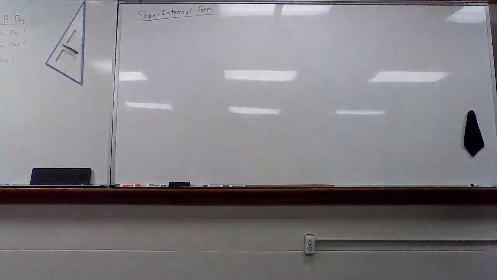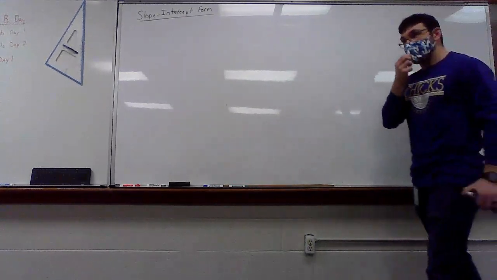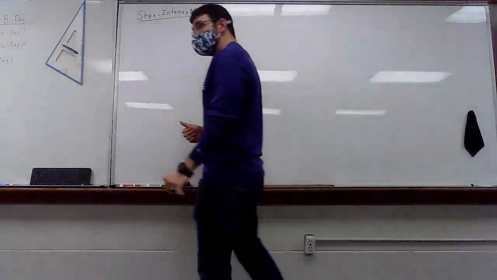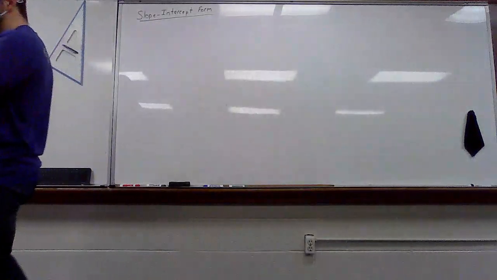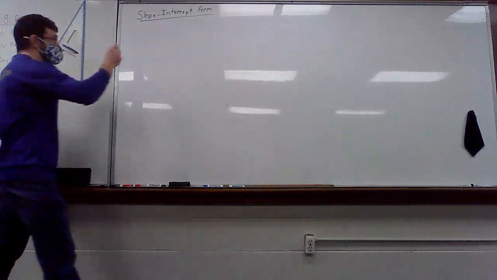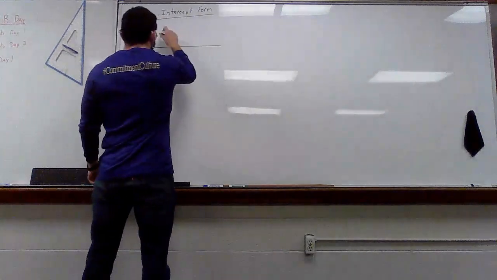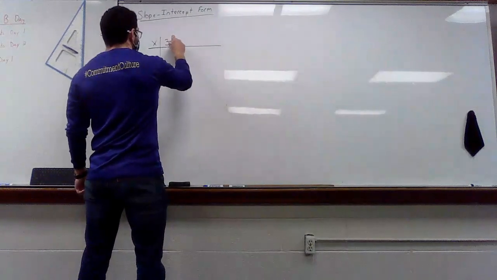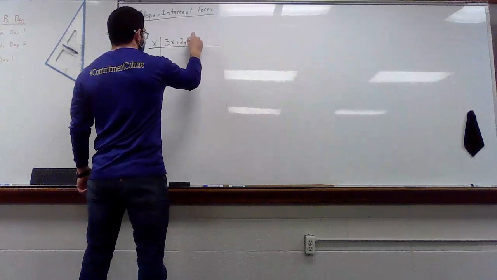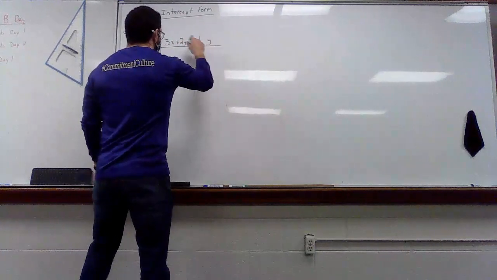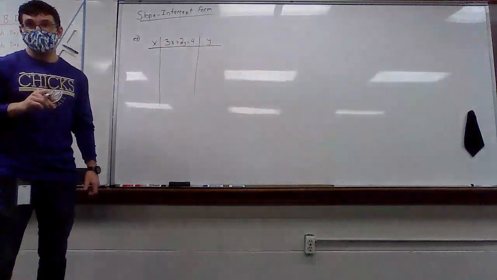Slope-intercept form is the number one way that we are going to learn to graph lines. So far, we have graphed lines where we've had something like this: 3x plus 2y equals 4, and you've had to substitute in.